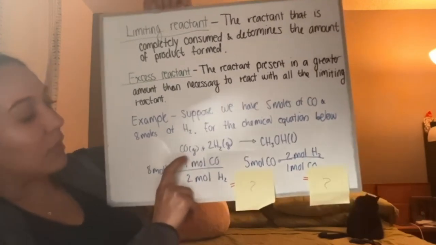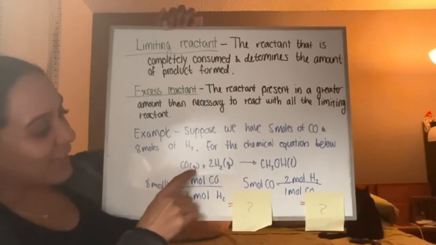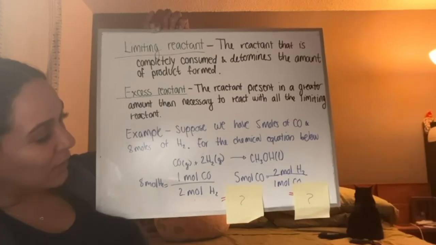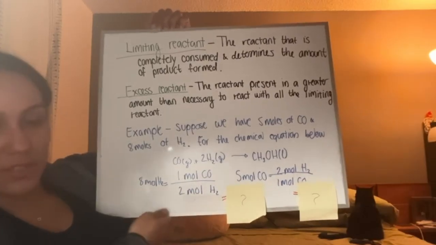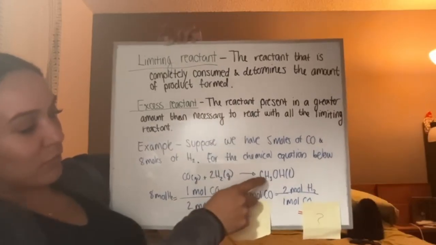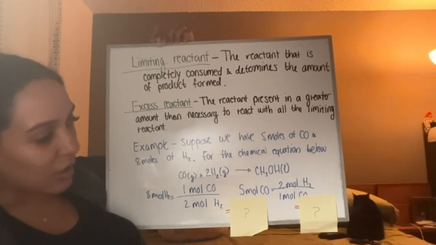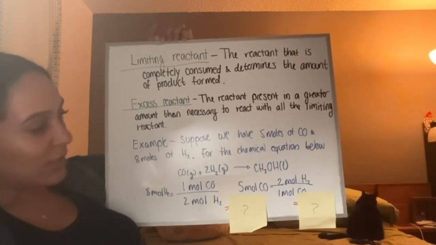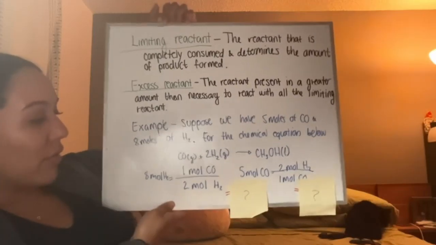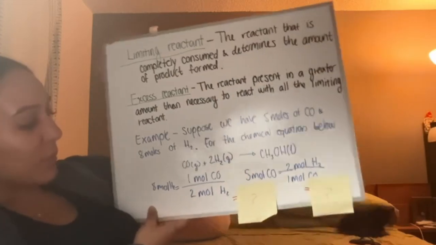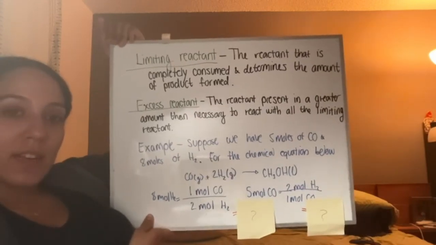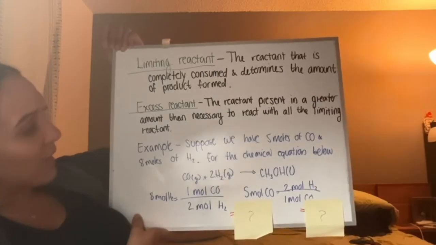So it's carbon dioxide plus 2 hydrogen 2 equals, I didn't write that down, but it's CH3 hydroxide. So in this case, we want to figure out what is our limiting reactant and what is our excess reactant.